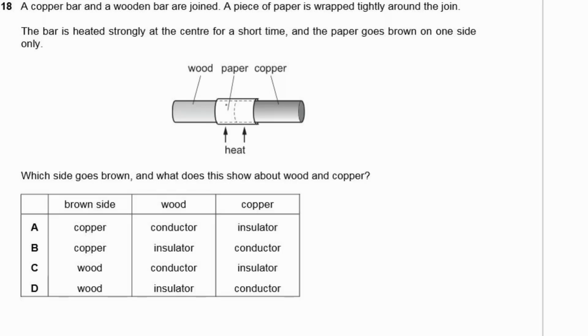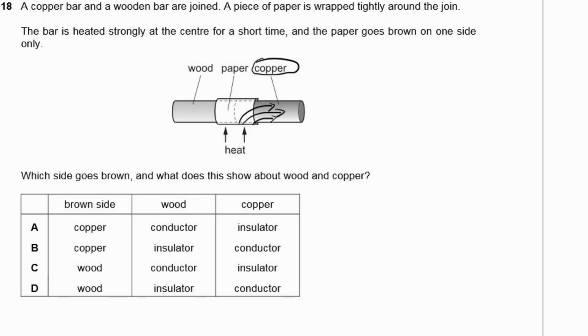Okay, so let's examine that. First of all, which one of these is a better conductor of heat, copper or wood? And the answer is copper, which means what? As we heat the paper, a lot of the heat from the paper goes into the copper.